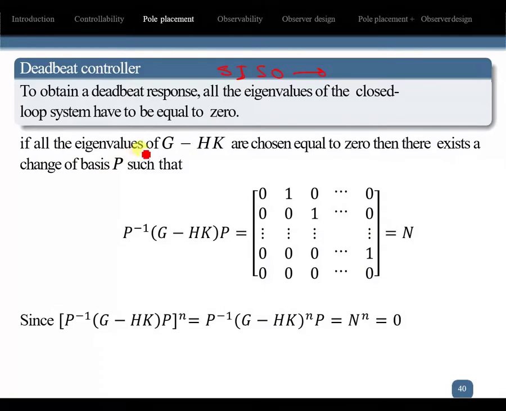If the eigenvalues of G minus HK are chosen equal to 0, then there exists a change of basis P, such that, if you remember, P inverse (G minus HK) P is equal to N. You can rewrite this as P inverse of (G minus HK) P, equal to N, and N to the power n is equal to 0.